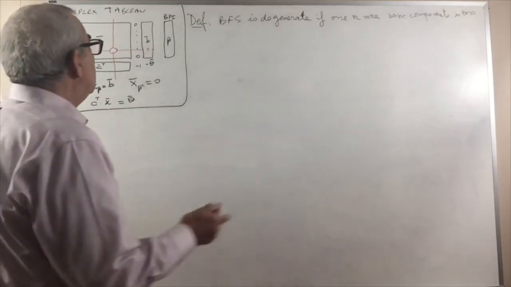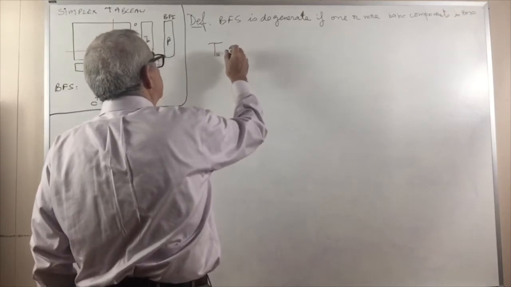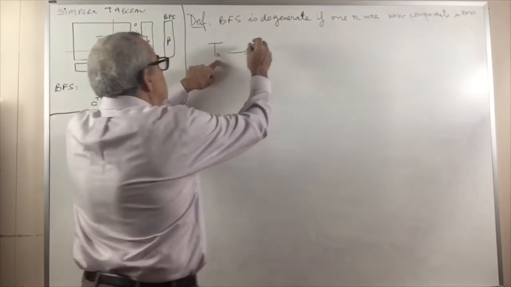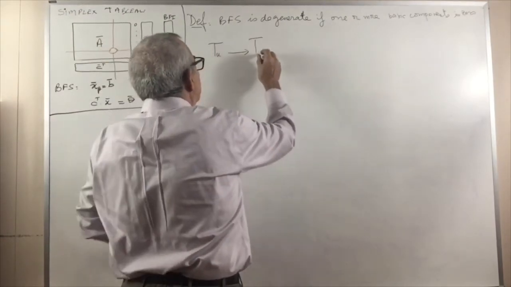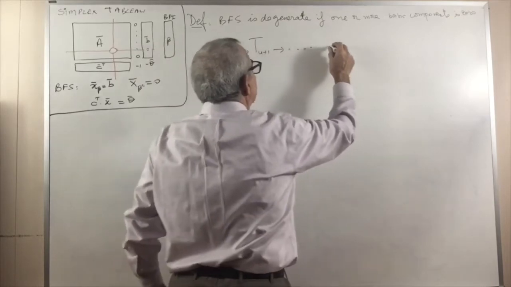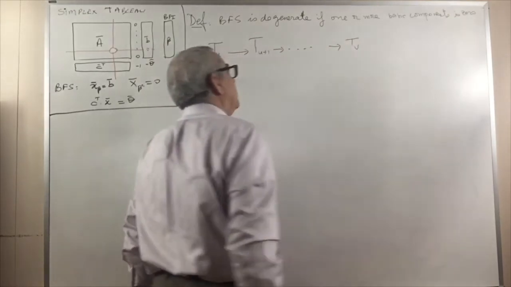So let's say, for example, we are at the simplex tableau T_u, okay? And then we do a simplex iteration. We go to another tableau T_(u+1), and so forth, till we go to tableau T_v, okay?